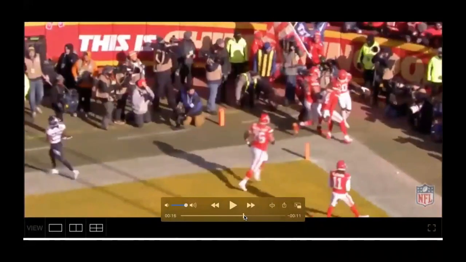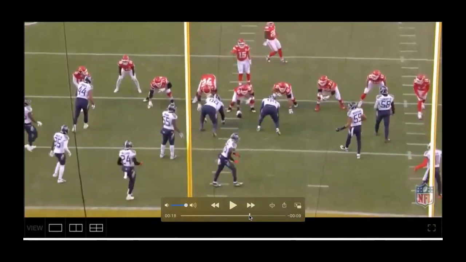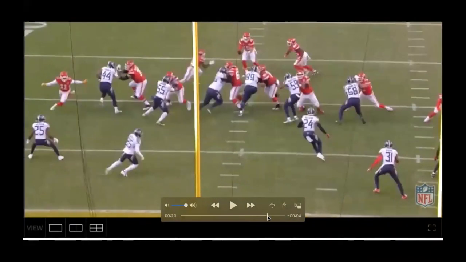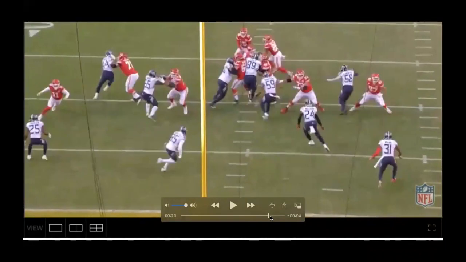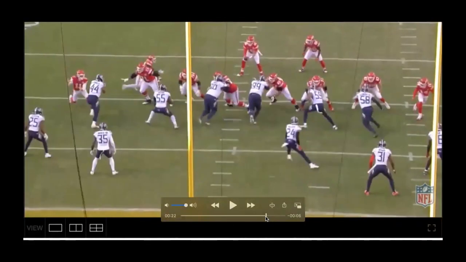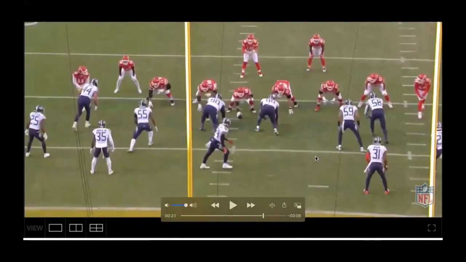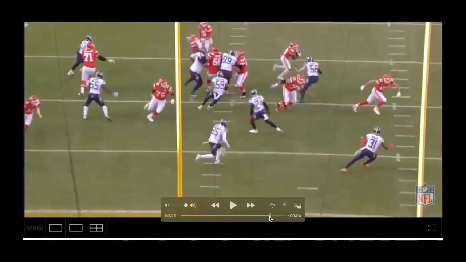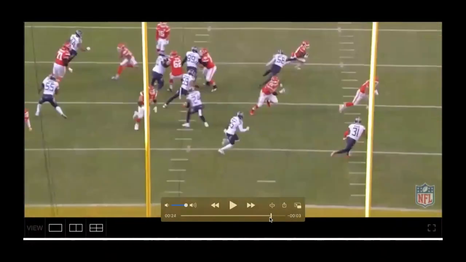All right, let's take a look at the end zone. All right, once again, look at 58 right here for the Titans. Just get enough of him. Not going to make the play on that player right there.